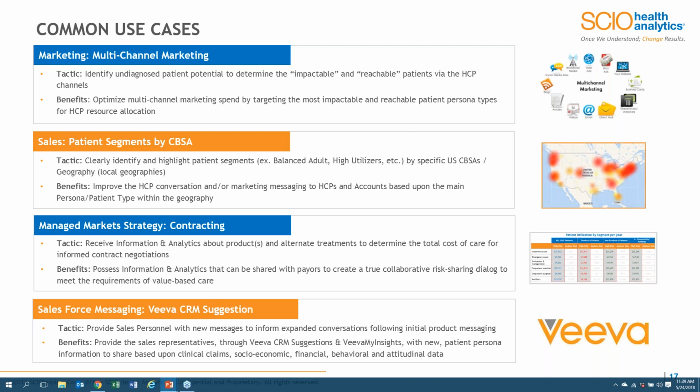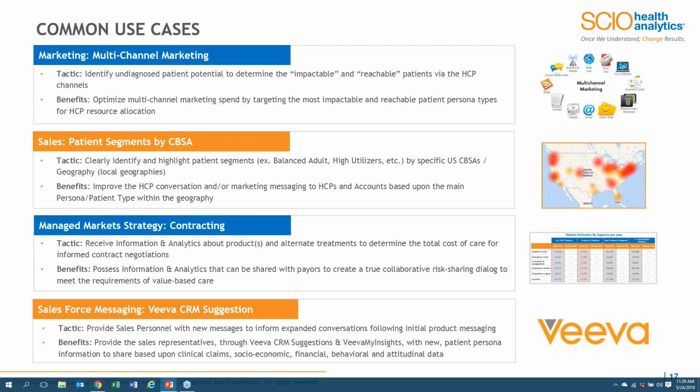And then, of course, CRM suggestions. Again, what type of information can be disseminated to the field that could provide a value add at that HCP and/or institutional level. And also beyond that, sort of IDN strategy thought process.